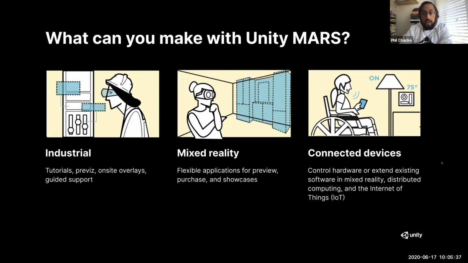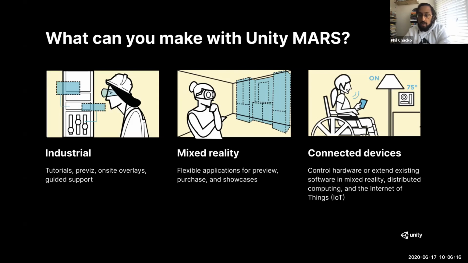So we made Unity Mars for folks who are creating a wide variety of AR applications. Whether you are working in an industrial environment and trying to create a training template, or you're trying to do digital twins type use cases on the factory floor where you're guiding workers through an experience, or you're looking at creating items for commerce applications at home, where end consumers can be previewing products in their own home and adapting them there, or telling stories, or working on games that appear in the home.